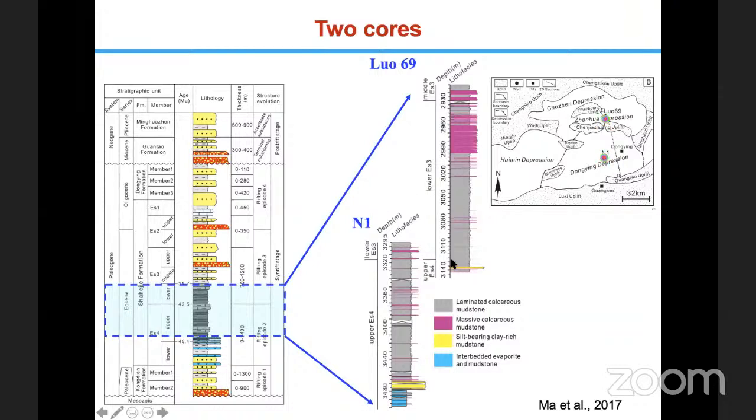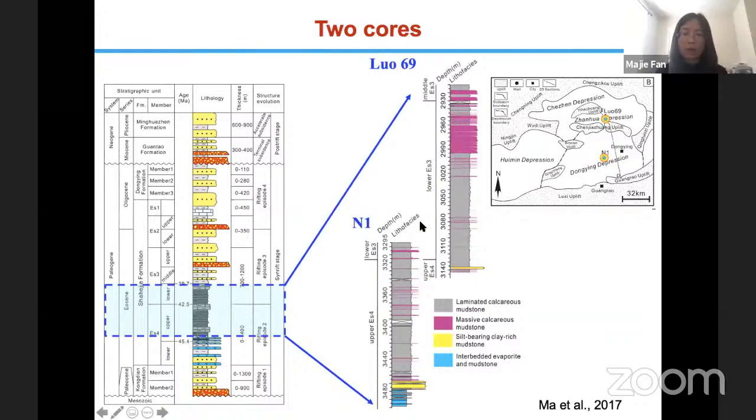Then let's see. We have the simplified stratigraphic column again for these two cores now. We can tell from the legend that we basically have four lithofacies. These lithofacies were based on observations of sedimentary structures and also the dominant minerals based on XRD analysis. I'm not going into the details of that.